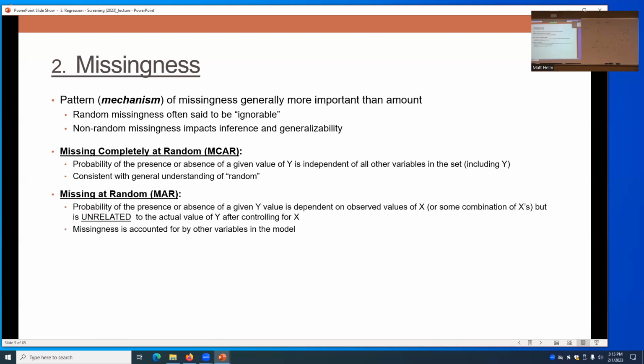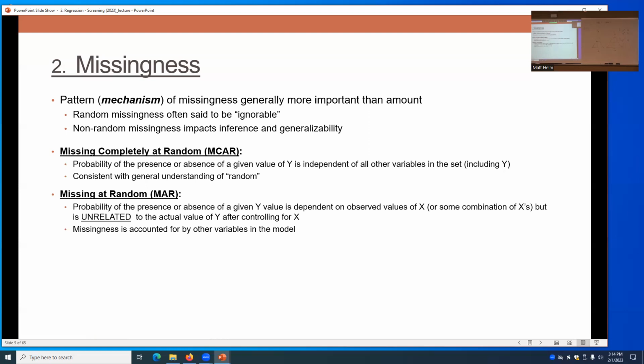Missing at random. This is a little bit different. Here, the probability of the presence or absence of a given value is dependent on the observed values of X or some combination of X's, right? But it's unrelated to the actual value of Y after we control for the other predictors in the model, okay?